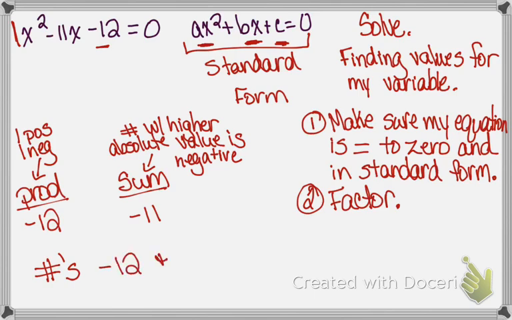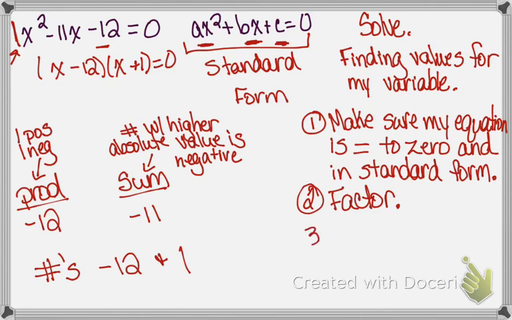Negative 12 and positive 1. Now, because my value here is positive 1, I can just write that down. So I've got x minus 12, x plus 1. Okay? X minus 12 times x plus 1 equals 0.